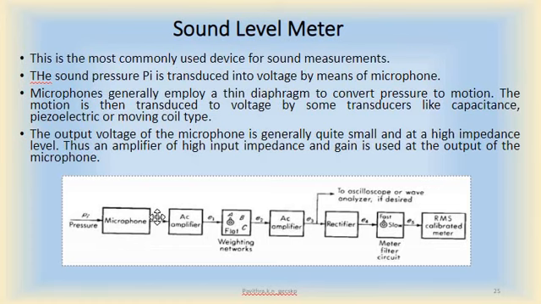So the output of the microphone is voltage, and this voltage is of a very small value, so we need to amplify it. For that, an AC amplifier is provided. The output of this AC amplifier, E1, is an amplified voltage value, which is then recorded, measured, and displayed.